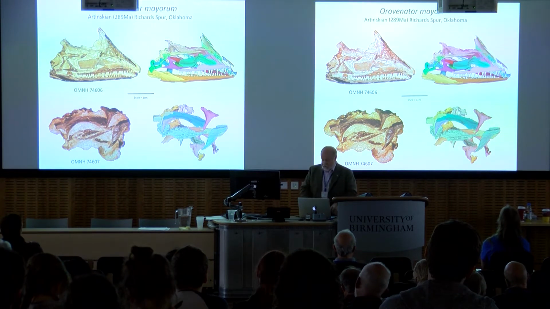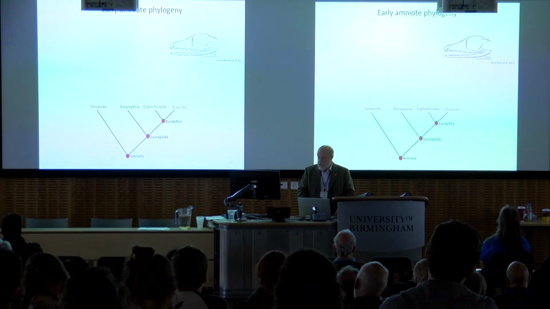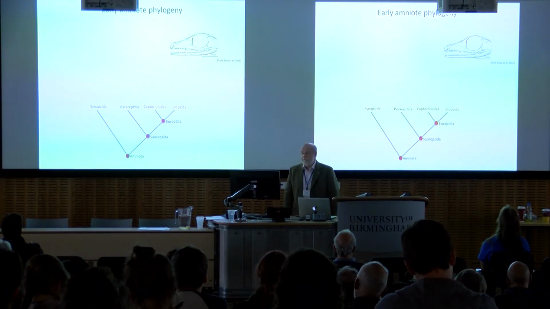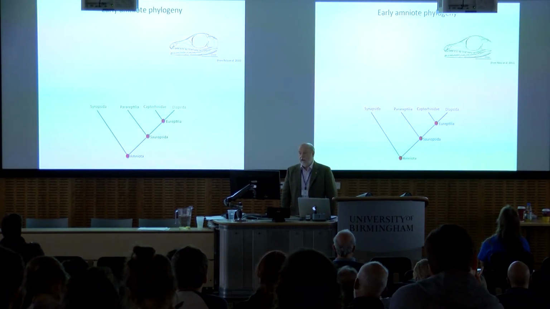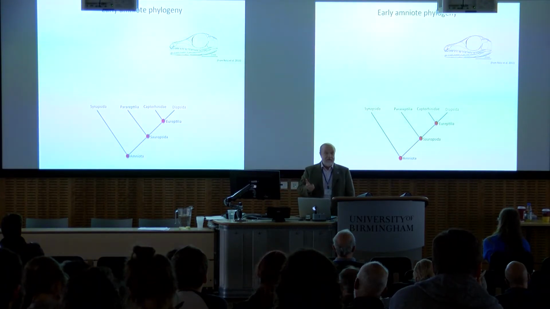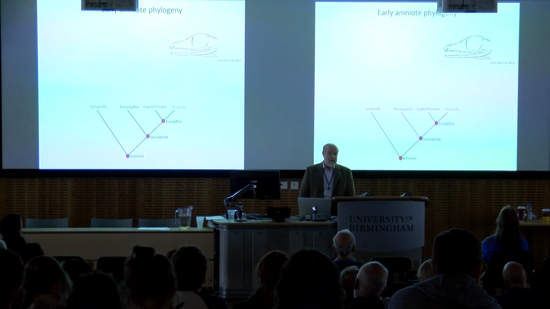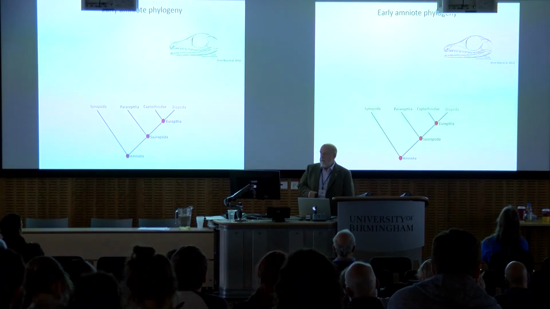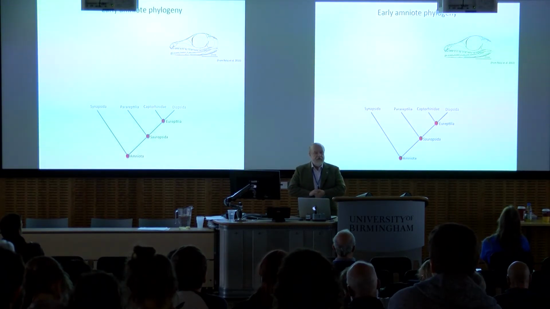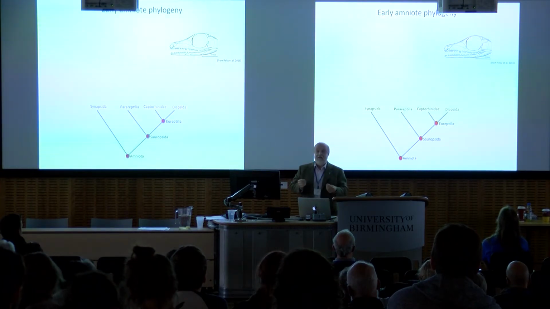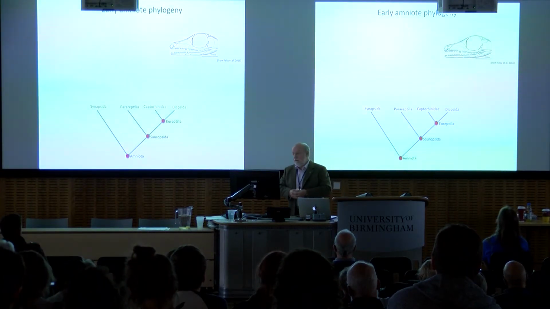Now, Orovenator was first described by Robert Rice and colleagues in 2011. Robert quite correctly assumed that this was a diapsid, even though the post-orbital and the squamosal are absent. And when he carried out a phylogenetic examination of the material, he used a matrix which was pretty much heavily loaded with diapsida, because he clearly wanted to find out exactly where this fell within the diapsida.